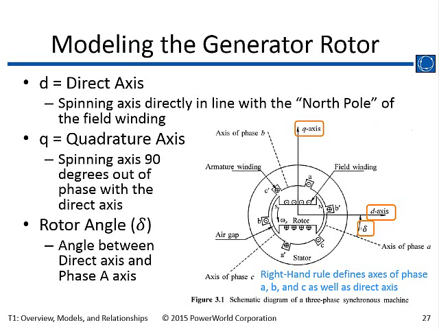I will note that one of the confusing aspects in the power community is some authors think of the direct axis as going in this direction and the Q axis is going up that way. Other people put the Q axis that way.